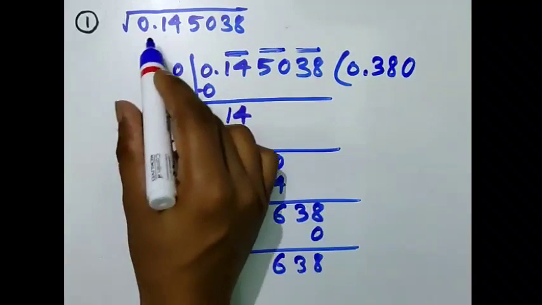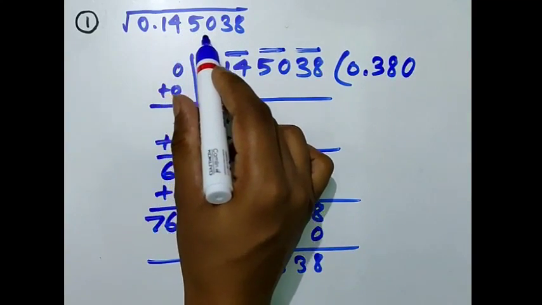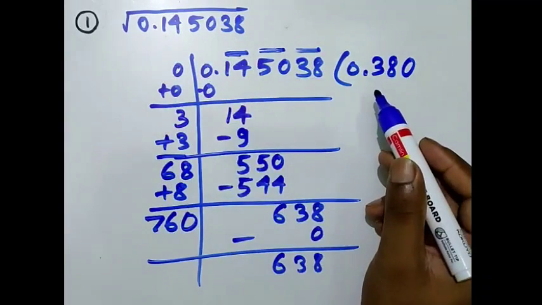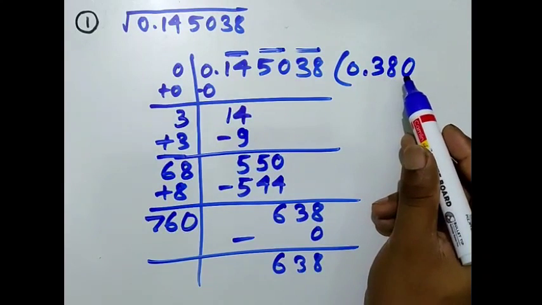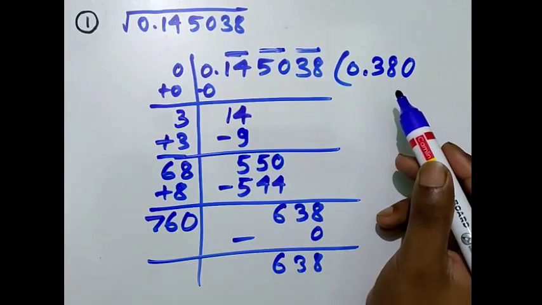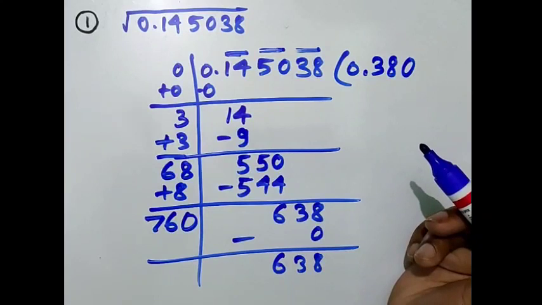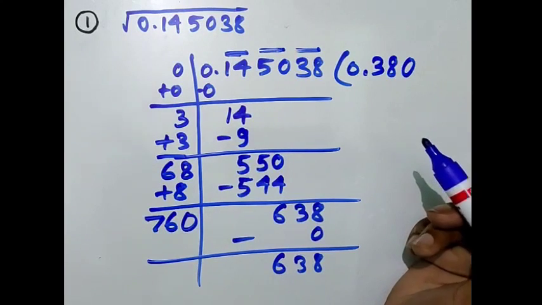So square root of 145038 is equal to 0.38 rounded off to 2 places of decimal.